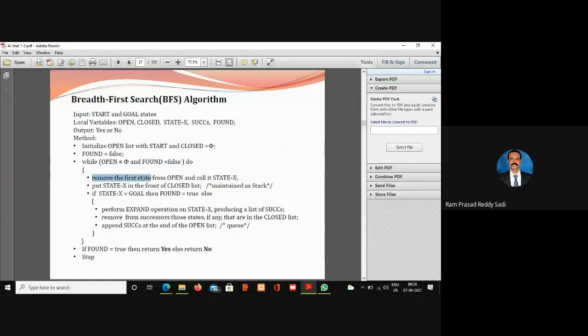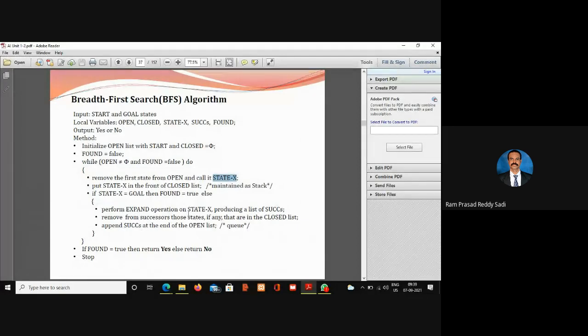Remove the first state from the open, and that will be your current state. Once it is your current state, what do you mean by that? You have already visited it. That means you are ready to explore it. So push that into the closed list. Suppose the start state itself is the goal, set found to true and end the process. Suppose this is not true, then perform these steps.